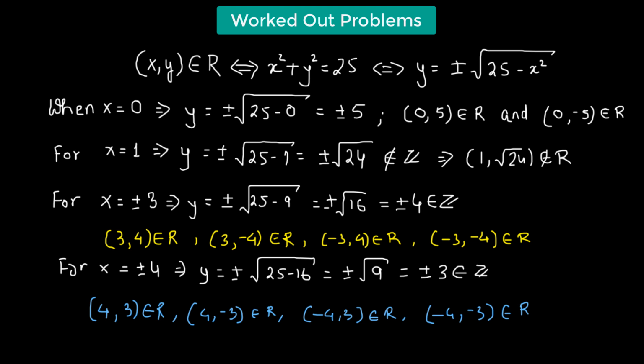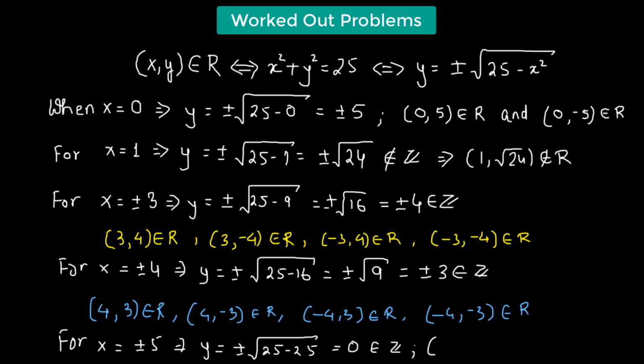Then we take the next value, x equals plus or minus 5. So that gives us y is equal to plus or minus the square root of 25 minus 5 squared, which is 25. So we get y equals 0, that being an integer.